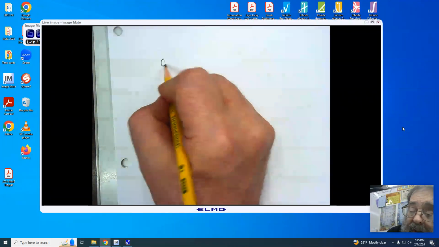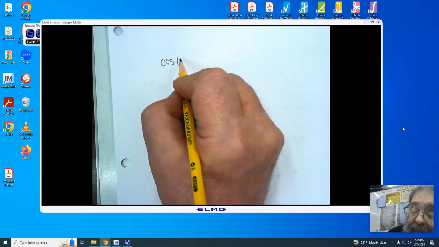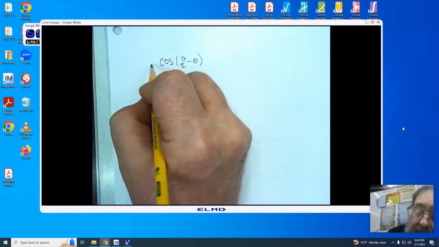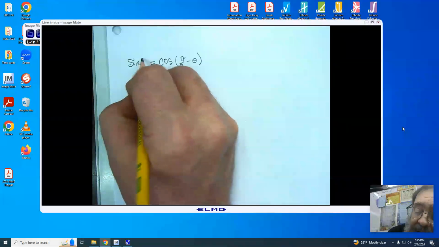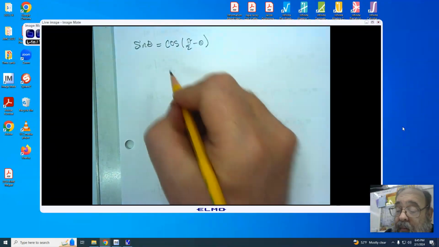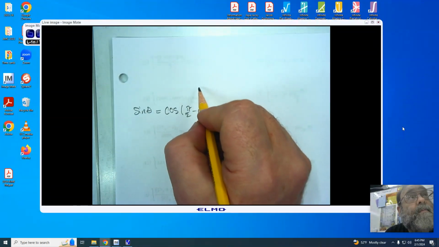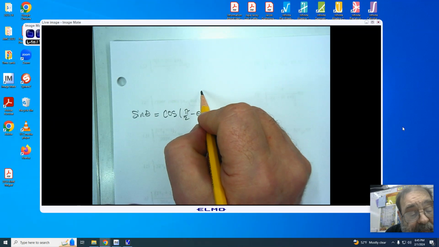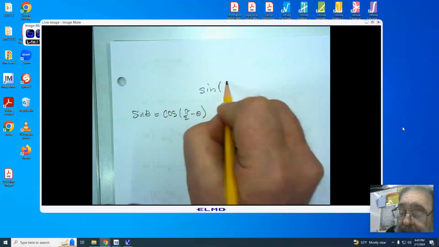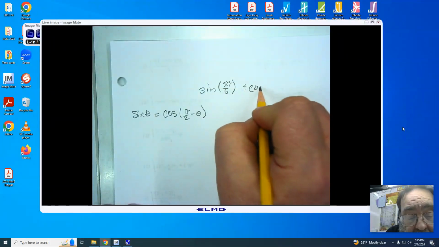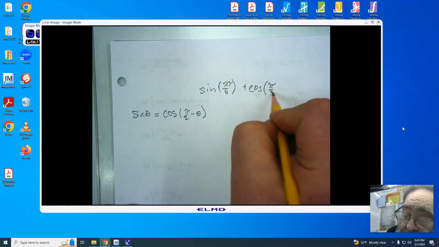We're going to start off with the cofunction, and we're going to use the cosine of pi over 2 minus theta is equal to the sine of theta. Let's just go ahead and write the problem up at the top: we have the sine of 5 pi over 6 plus the cosine of pi over 3.